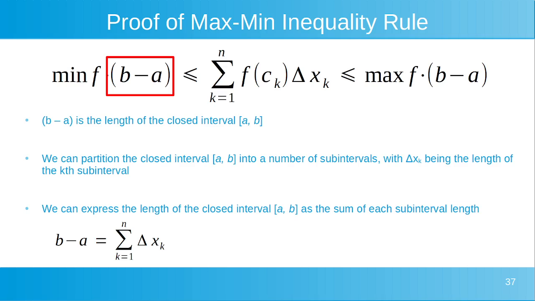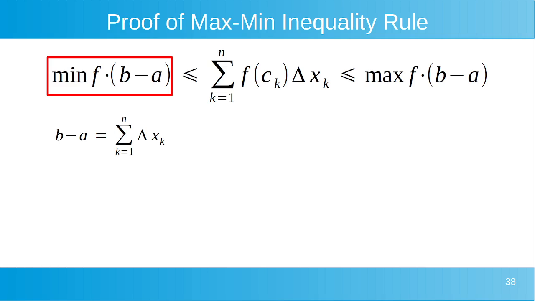So delta x1 is the length of the first subinterval, delta x2 is the length of the second subinterval, and so on. We can express the length of the closed interval from a to b as the sum of each subinterval length. So we can express b minus a as being equal to the sum from k equals 1 to n of delta xk. As we will see, this will be quite useful to us later on.